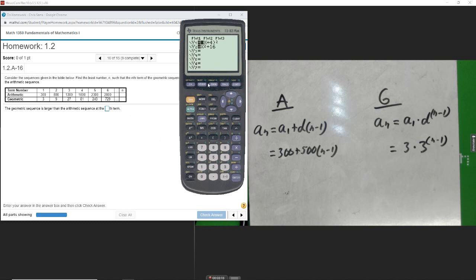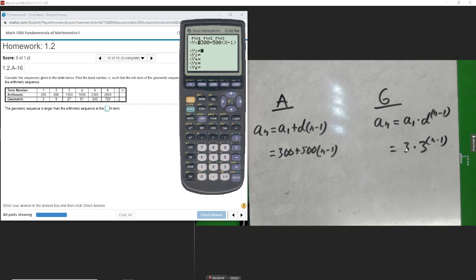I'm going to Y equals and clear out both of these. For the first one, I'm going to put the arithmetic equation, 300 plus 500, and then in parentheses x minus 1 instead of n minus 1, because the calculator inputs x as the variable.